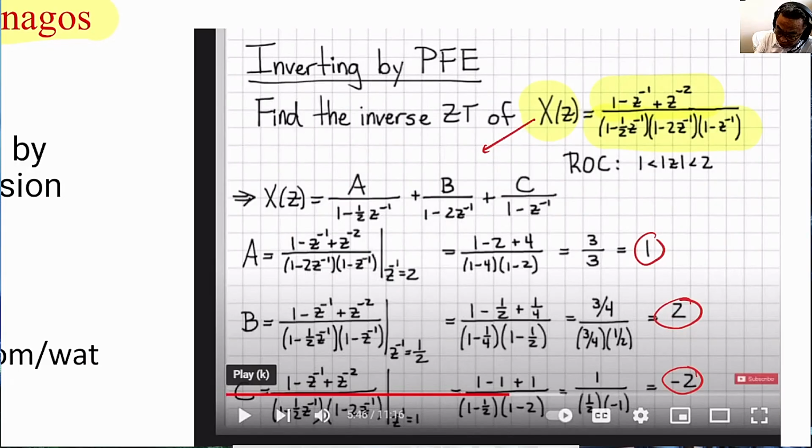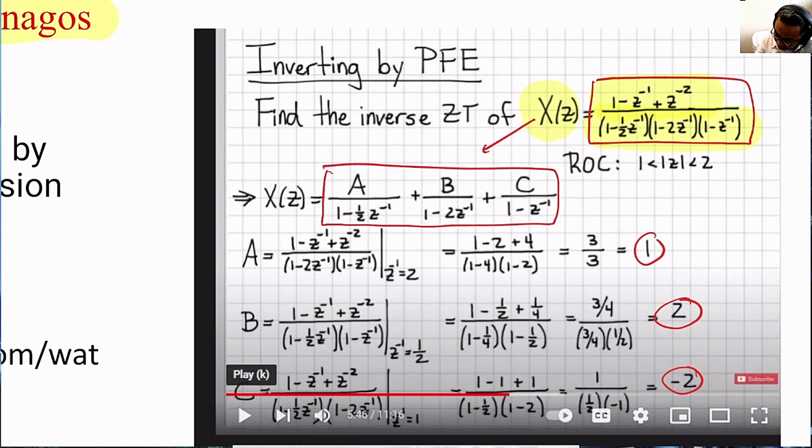So to begin, we take this complicated expression over here and perform partial fraction expansion. And the partial fraction expansion of this is this over here. Notice that in the denominator of X(z), he already told you these are the three poles.